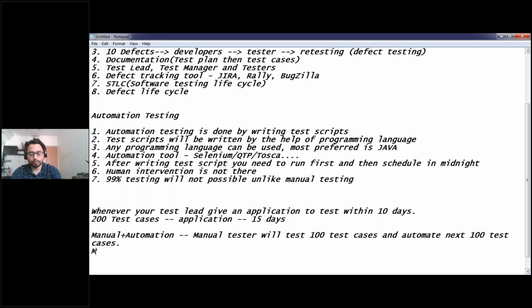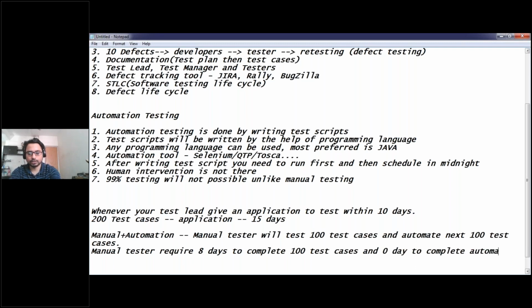The manual tester requires 8 days to complete 100 test cases and 0 days to complete the automation test cases. Why 0 days? The reason is that once you have automated all 100 test cases, you will schedule them at midnight, when no one is working, out of your regular working hours.